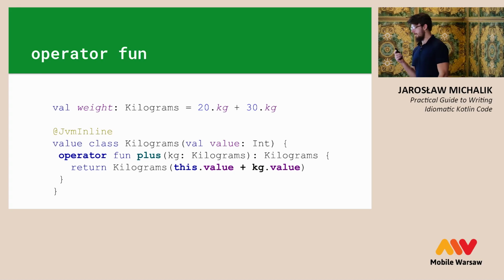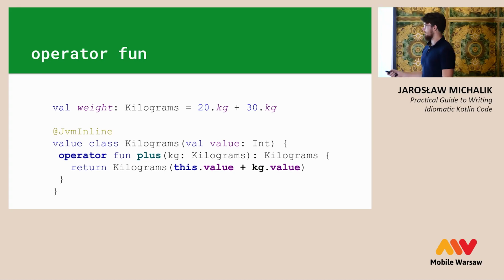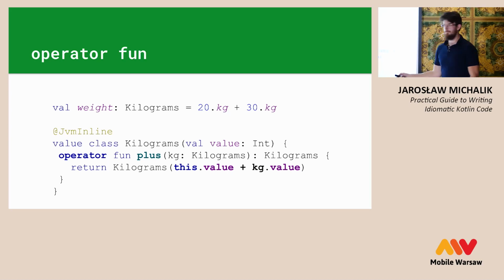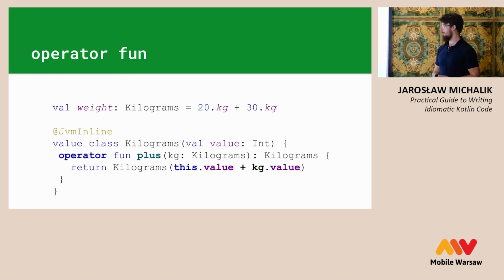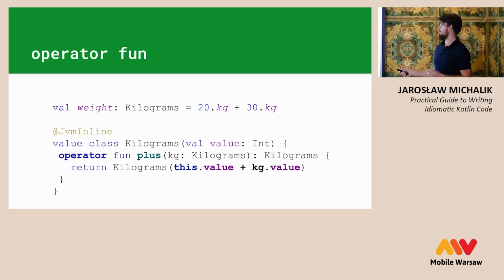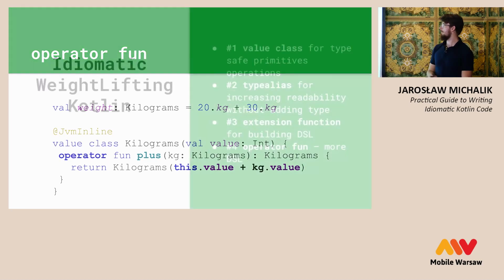So in Kotlin, we can use operator functions for plus, minus, and common arithmetic operators to create a DSL, for example, for addition. And now with this plus, we can use this plus sign to execute this function, adding these kilograms plus kilograms value.